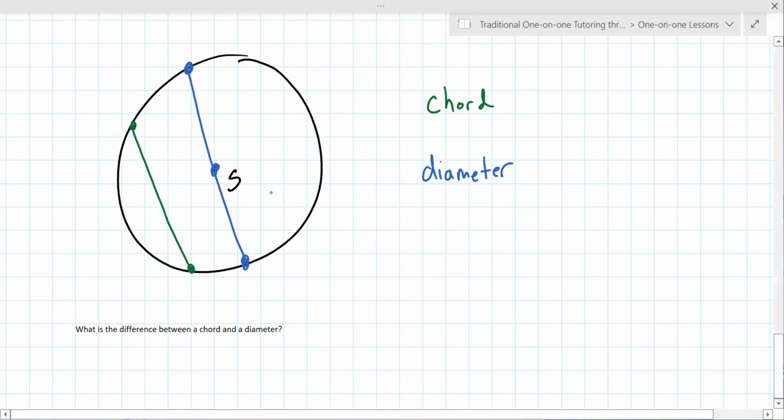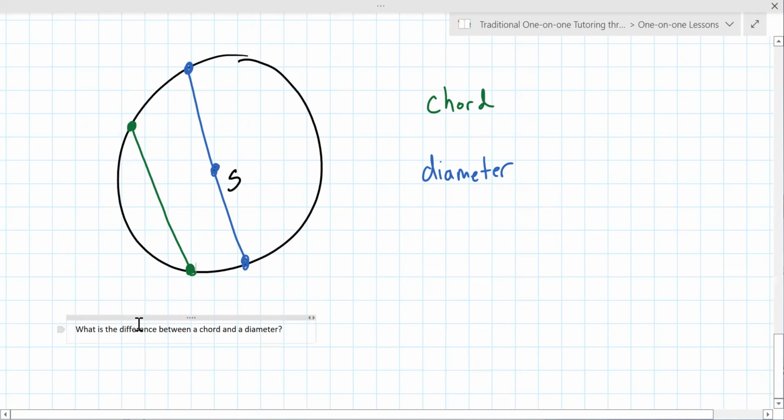You have this written down in your notes. Could you read that out loud for us, please? The chord, the line of circles starting and stopping without going through the center. That's right. So it starts and stops on the circle, but it does not go through the center.